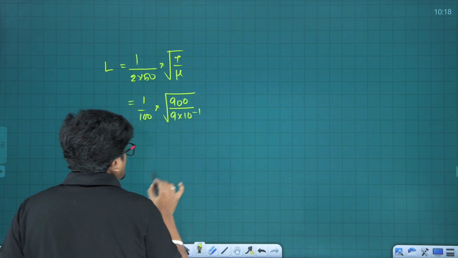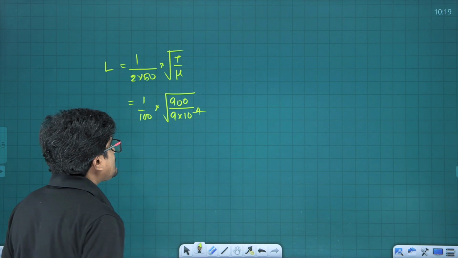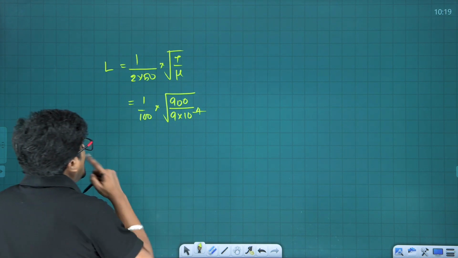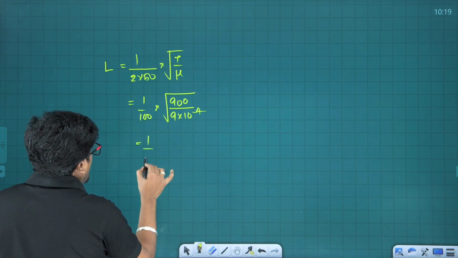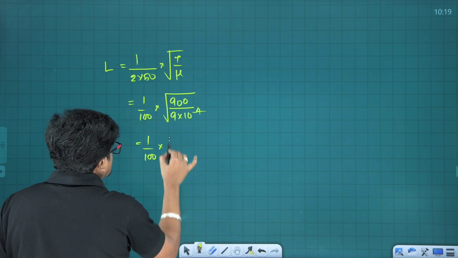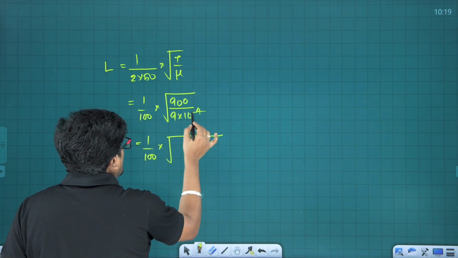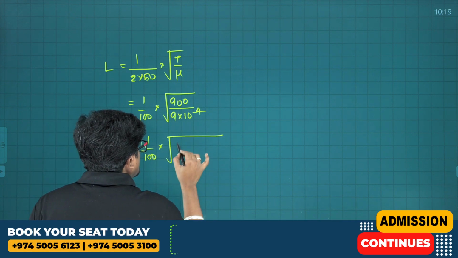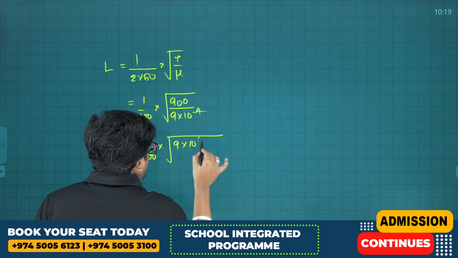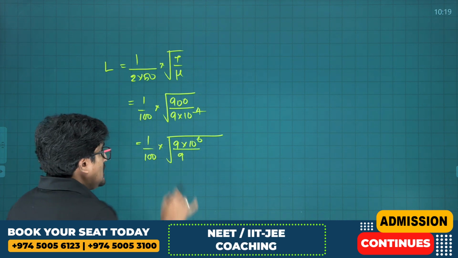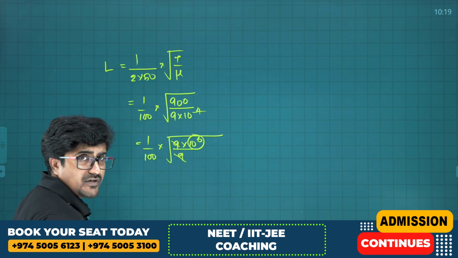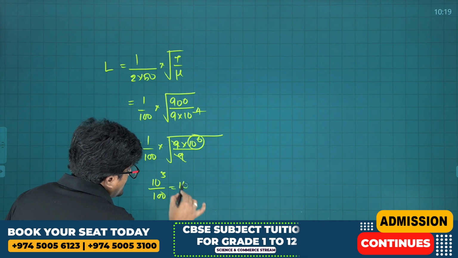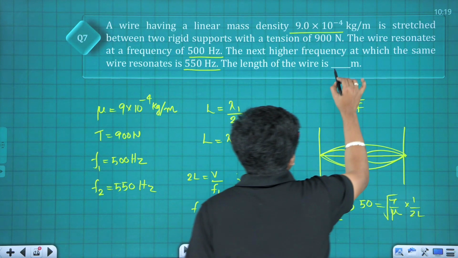Rearranging, 1 upon 100 into square root of 9 into 10 to the power 6, all divided by 9. The 9s cancel each other, so this is 10 to the power 3. So 10 to the power 3 by 100 is 10. The answer is 10 meters.